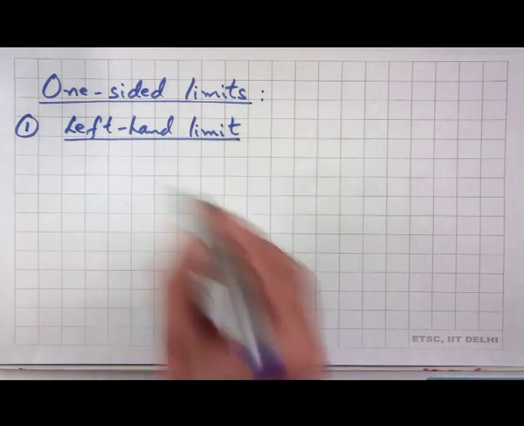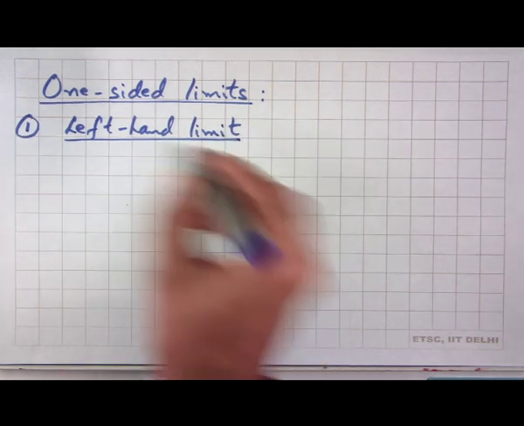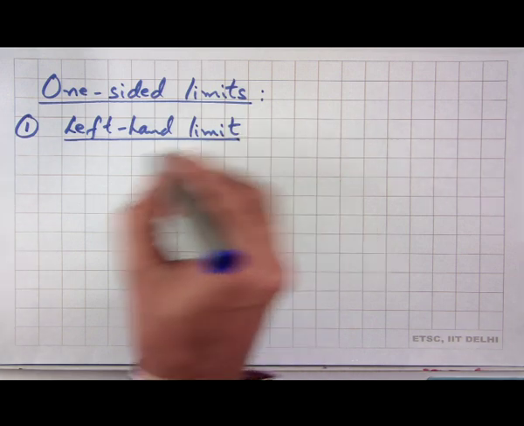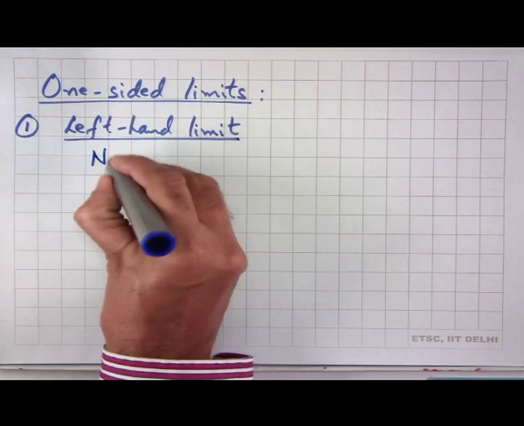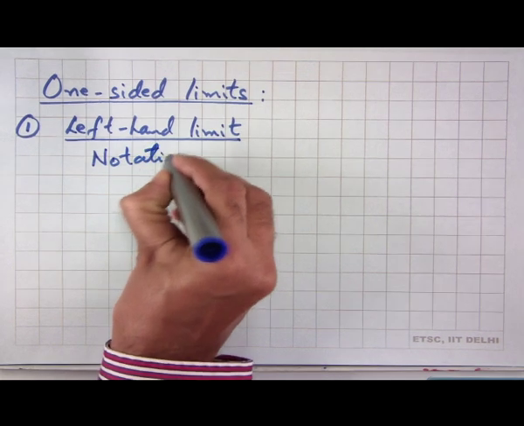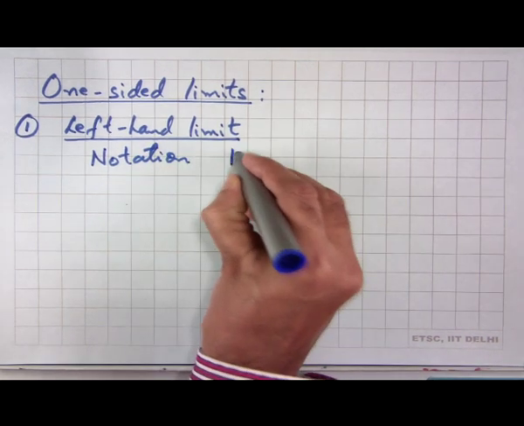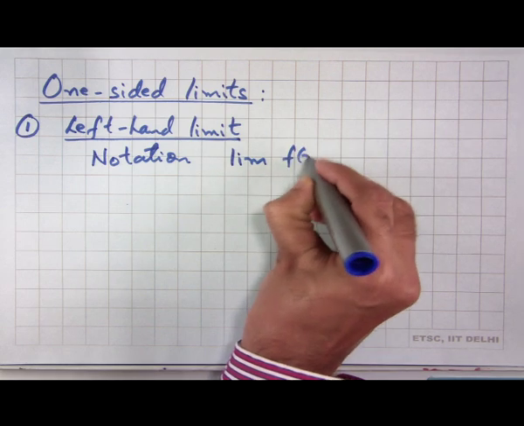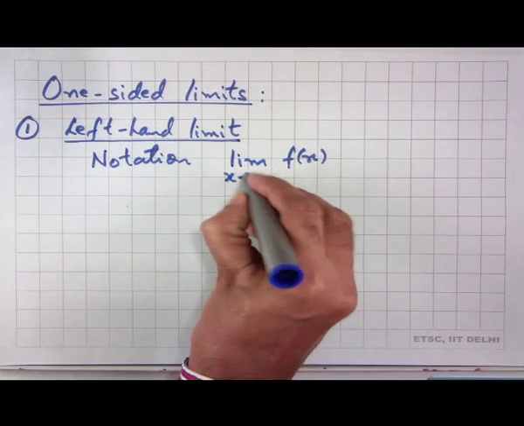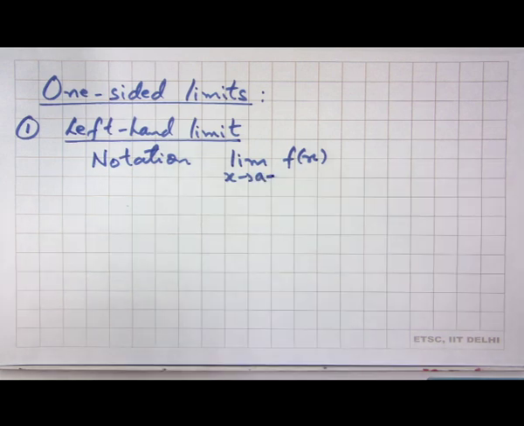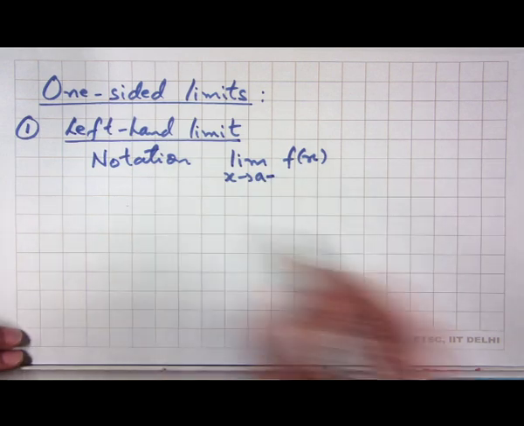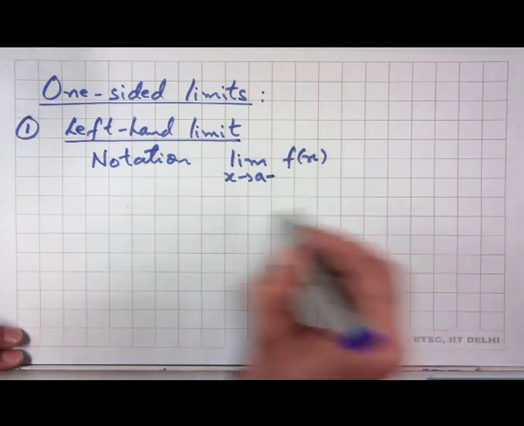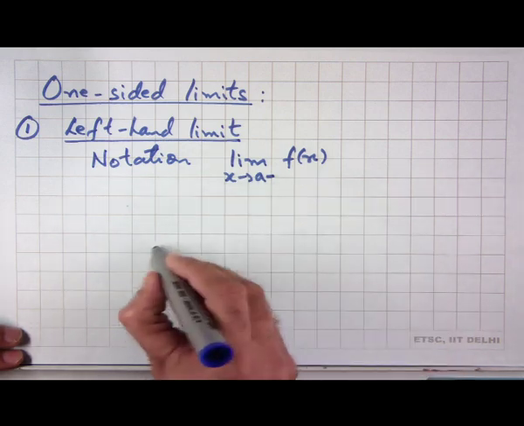What is the left hand limit? We will use the notation limit of f of x as x tends to a minus. This means that here we are looking at the function from the left.